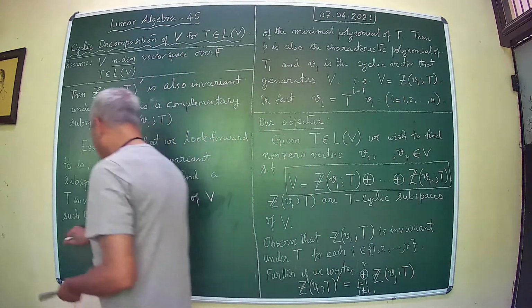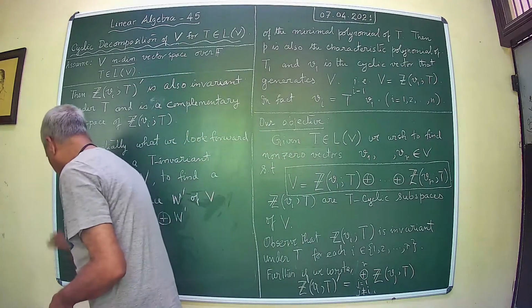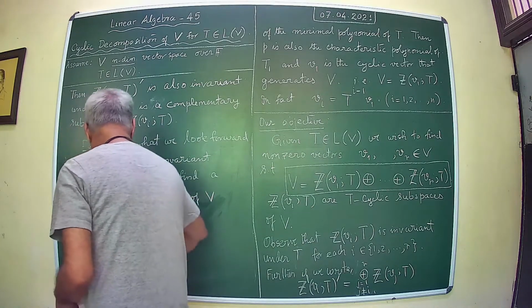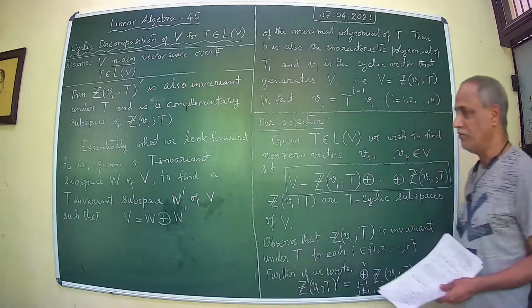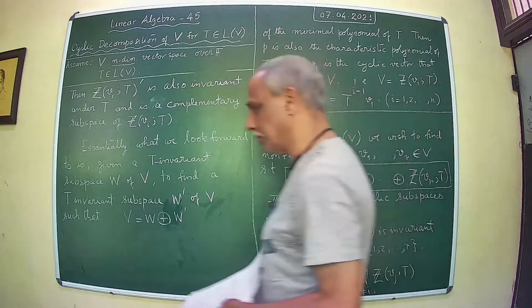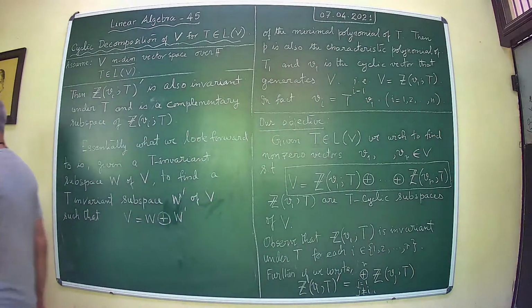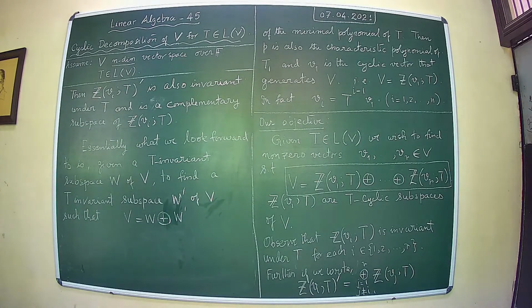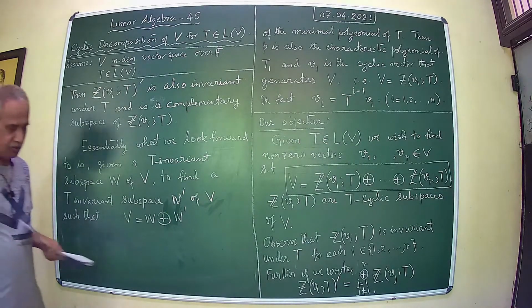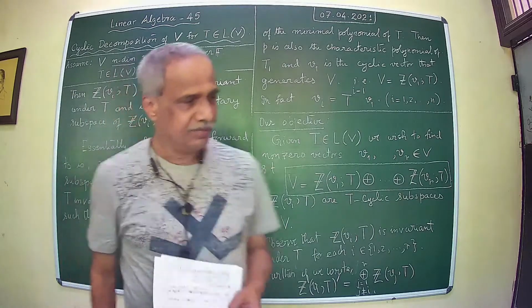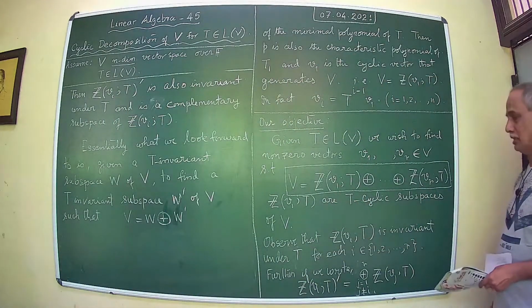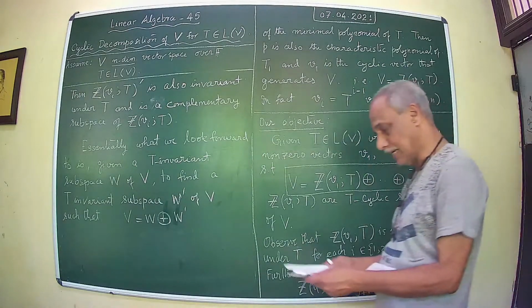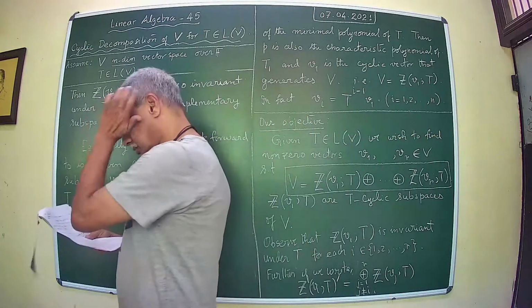We don't know how to catch hold of or how to generate such a space. Now that is one problem. And in fact, we want W prime to be a complementary subspace of W, invariant under T, and also expressible as the sum of what are called cyclic subspaces.